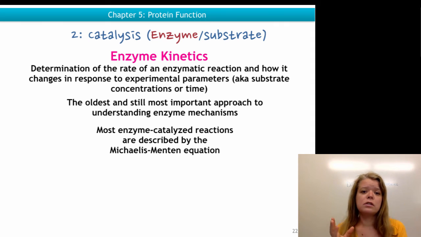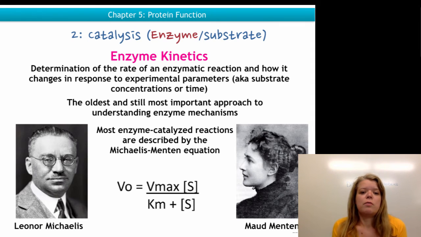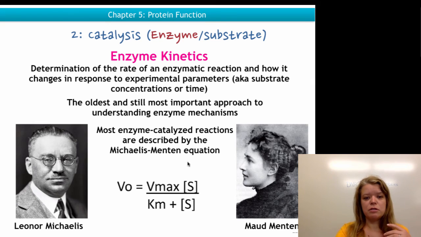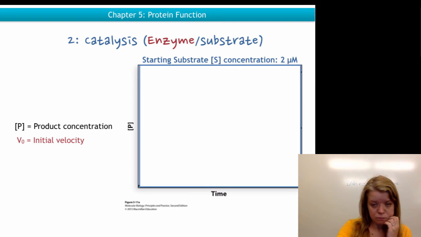Most enzyme-catalyzed reactions can be described by the Michaelis-Menten equation, which was derived in the 19th century by Leonor Michaelis and Maud Menten. And here's the equation, which states the initial velocity equals the Vmax times substrate concentration over the Km plus substrate concentration.